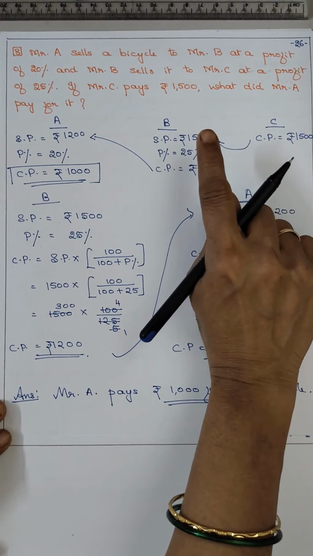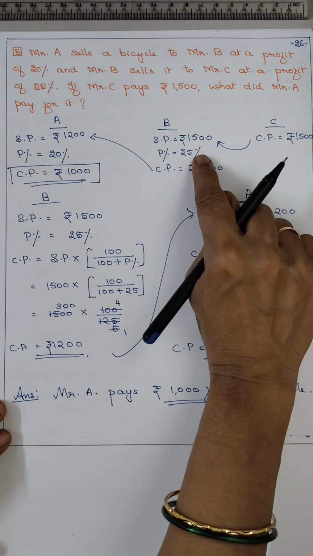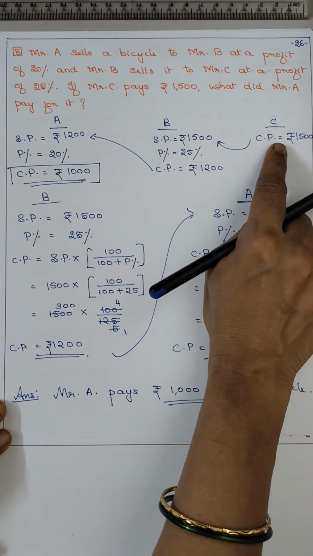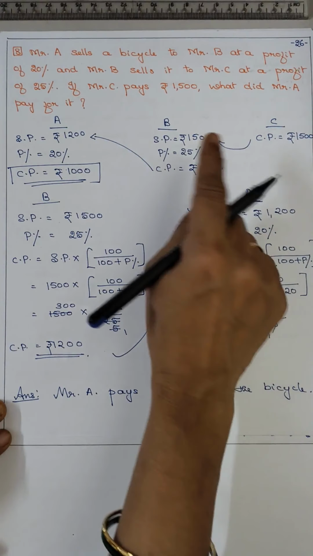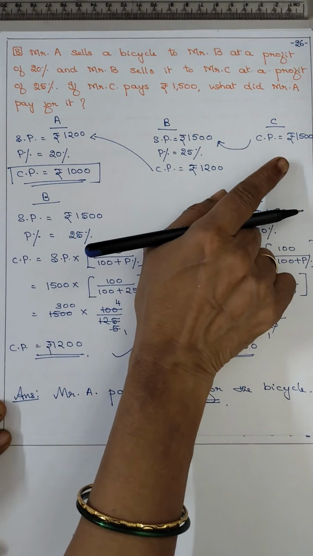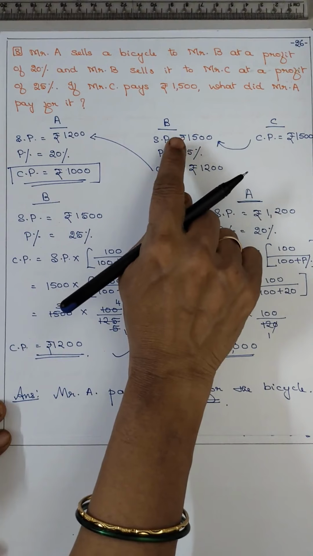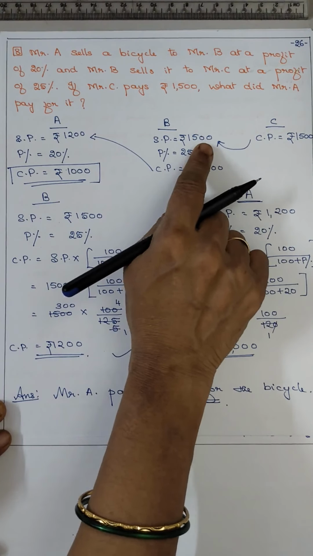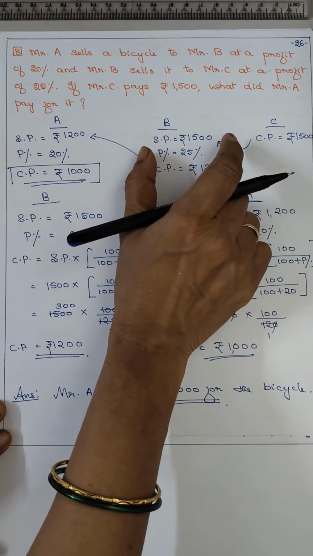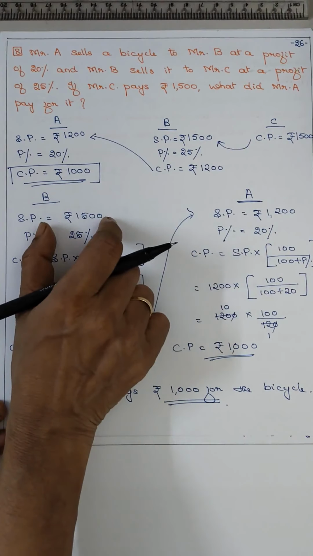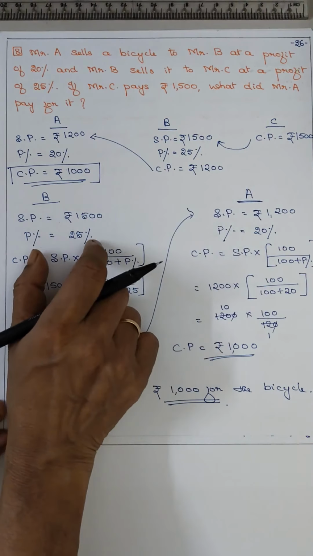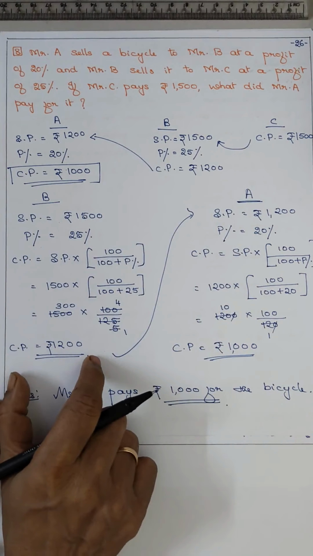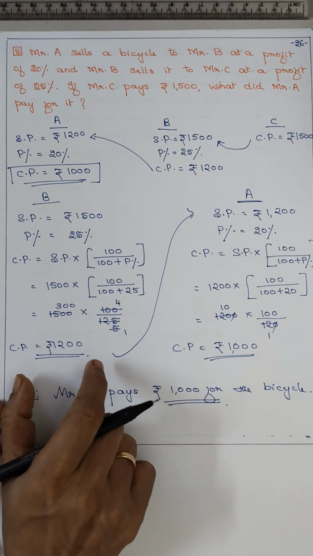He paid B, meaning he bought it, that is why CP. But B sold it, he sold, that is why the same amount will be the SP for B. So taking the values, SP is equal to 1,500, 25% profit percent, find out the CP for B.